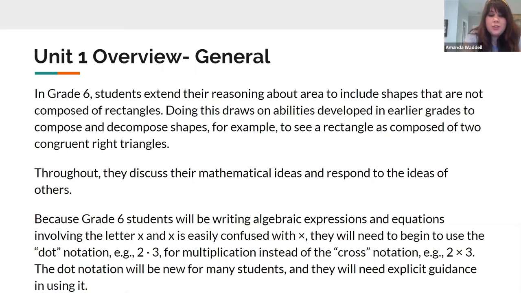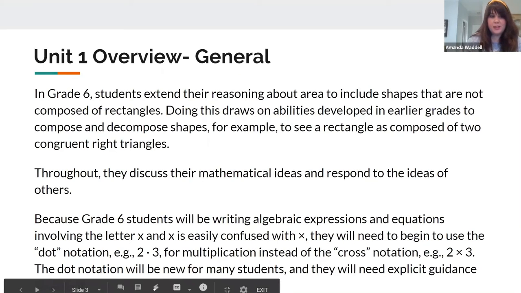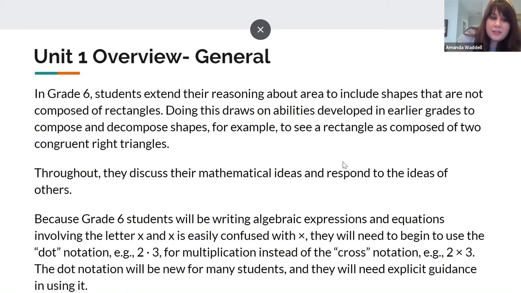That relies on the skill of composing and decomposing shapes, and identifying rectangles and squares as being composed of triangles. They'll also start developing skills to have mathematical discussions and share their ideas. So that's kind of the key.